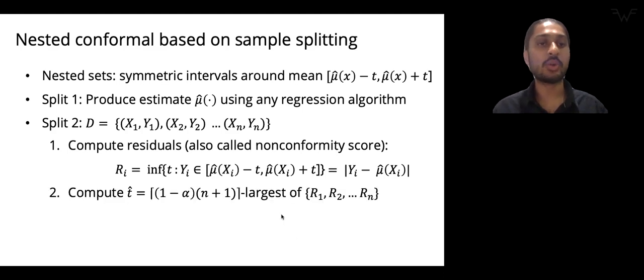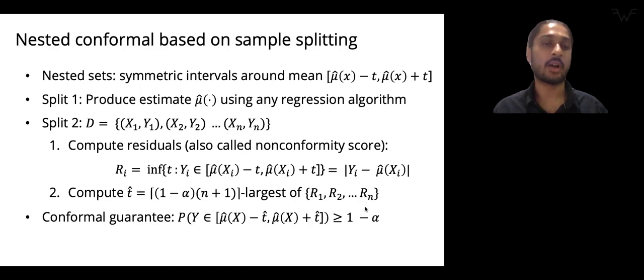The next thing we do is we learn a value of t corresponding to the 1 minus alpha quantile of the residuals R1 through Rn. And this corresponds to our conformal. So this t hat gives us a conformal guarantee of the following form. The probability of y belonging to mu hat x plus minus t is at least 1 minus alpha.